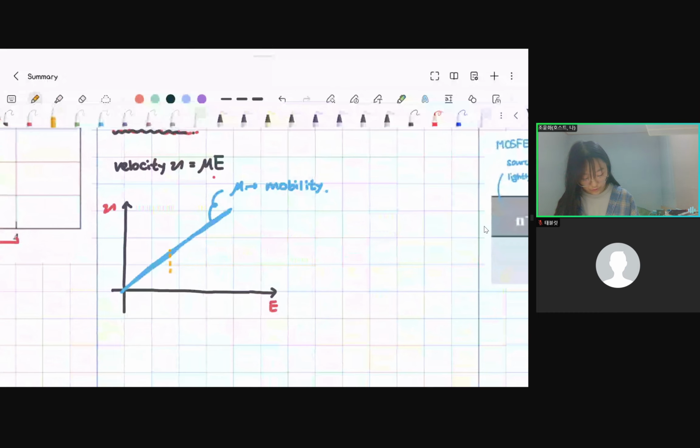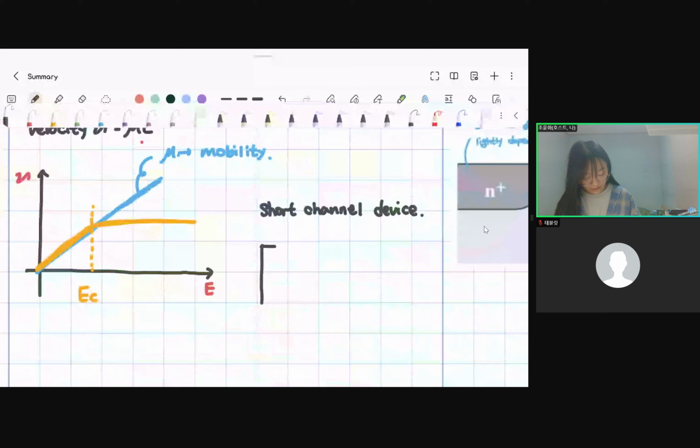In the short channel device, as I explained with the charge sharing model, there is a large electric field from here by the overlap of the depletion regions. So it can easily go past the critical electric field in a short channel device.